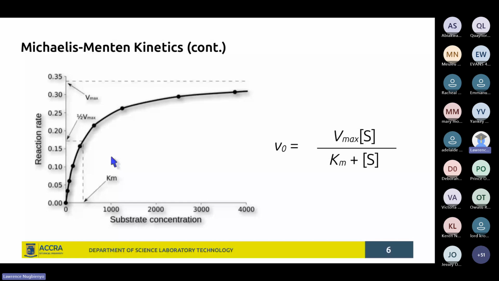That you have V0, which is the initial rate of reaction, equal to the maximum rate of reaction, what is being written as Vmax, times the concentration of the substrate, divided by Km, which is what is referred to as the Michaelis Menten constant, plus the substrate concentration.